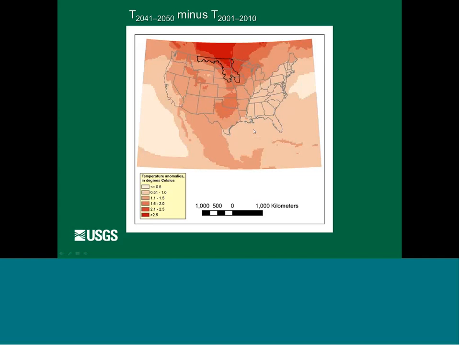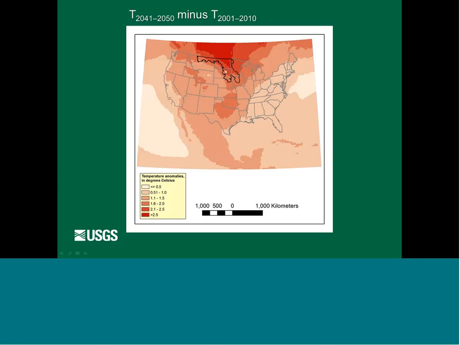All right, just to give an idea of the spatial changes that we have, this is showing the last 10 years of our climate projections. We took the average annual temperature, a decadal average, minus the average for 2001 through 2010. You can see a lot of the warming is up in Canada and the northern Great Plains.